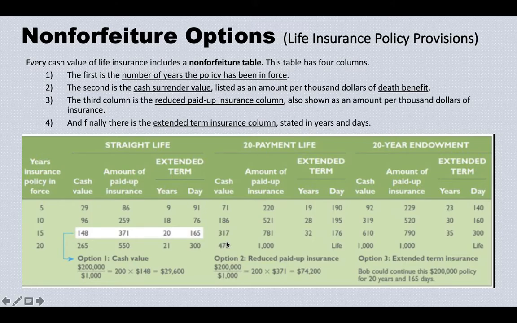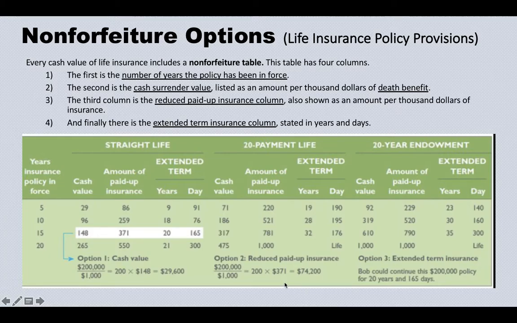Or you can do option 2, reduced paid up insurance. You can use this $29,600 cash value as a single premium to buy a whole life insurance, where the death benefit is $74,200.